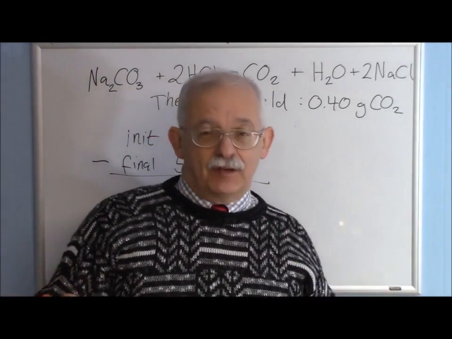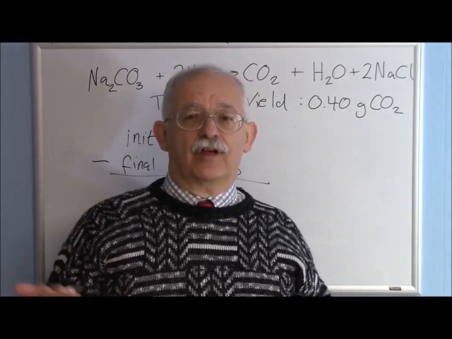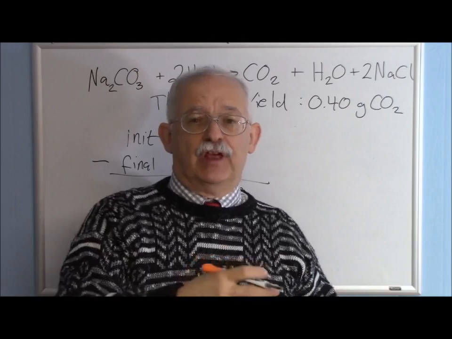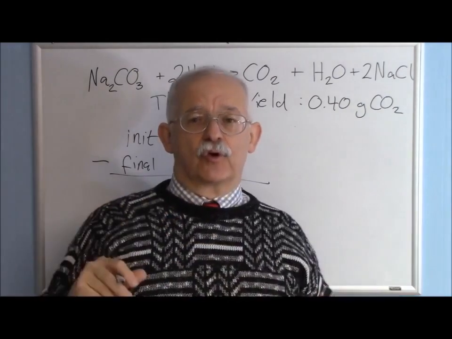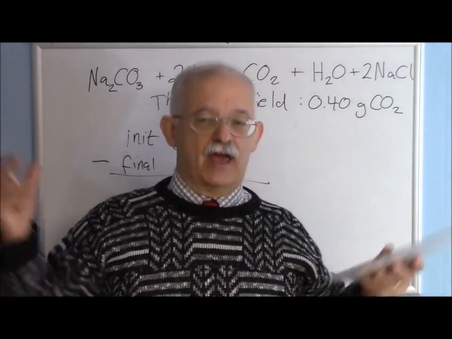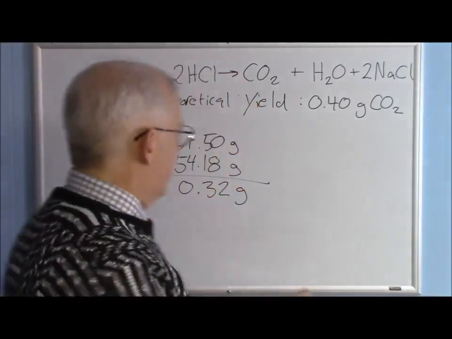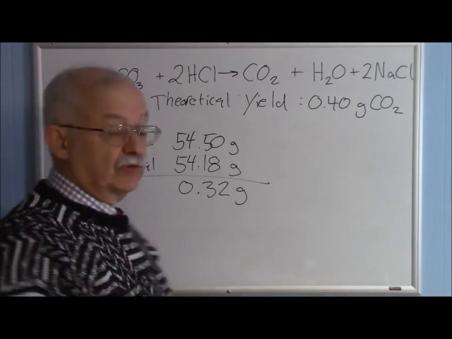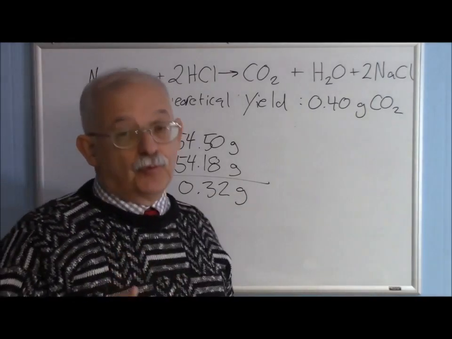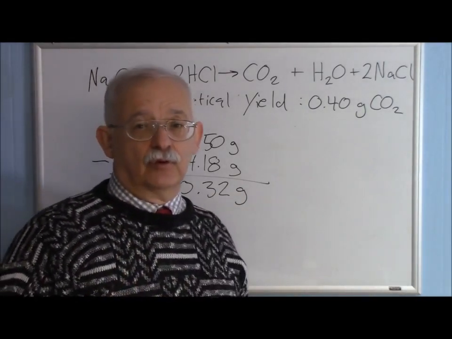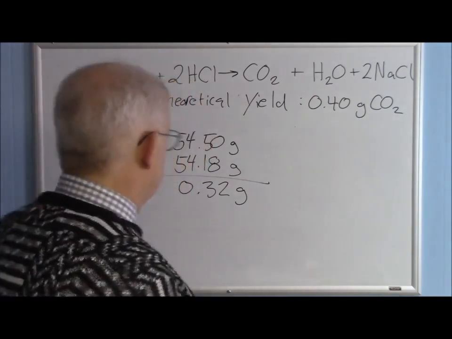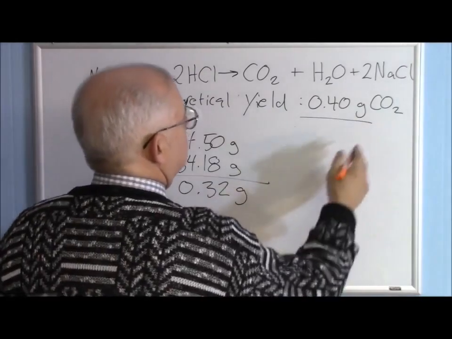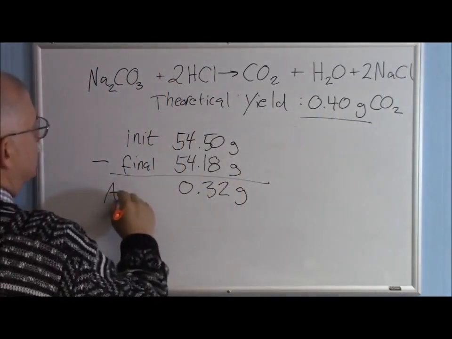And what that mass is that disappears, that's the mass of the CO2 gas that is produced and floats out through those holes in the saran wrap out into the atmosphere. So that explains our mass loss. We lost 0.32 grams during the experiment, and we presume that to be the mass of the CO2 that went out the plastic.